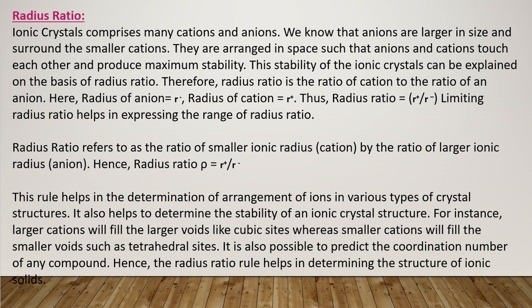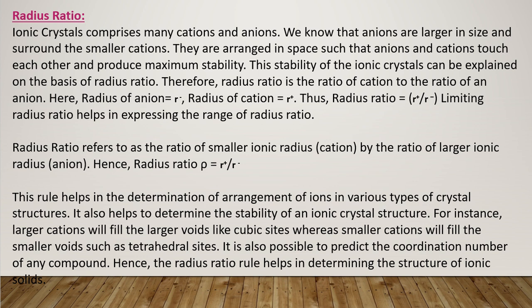If you take a cation, it is surrounded by many larger anions, and they are in touch with each other. When the cation is in the middle and surrounded by anions, it is in touch with them. When they are in touch, it produces maximum stability. This stability can be expressed in the form of radius ratio.